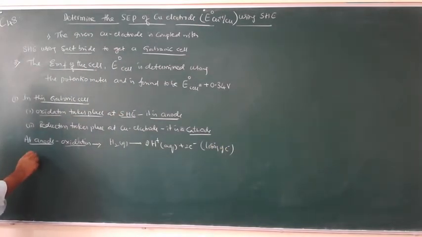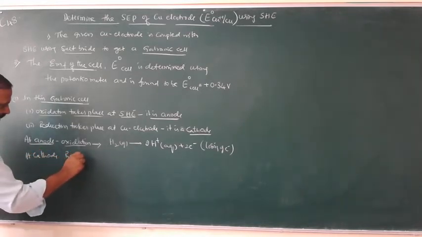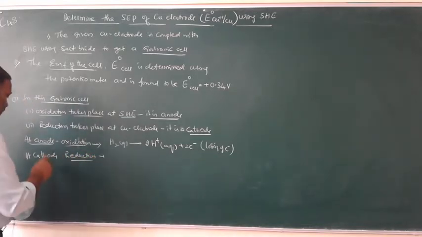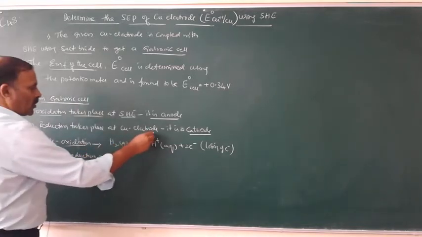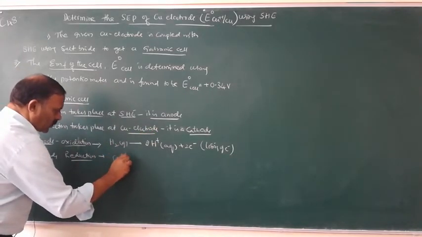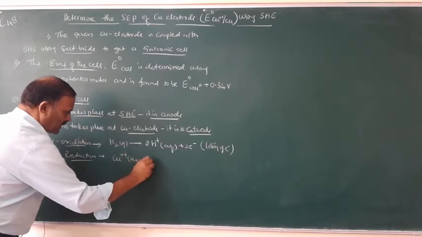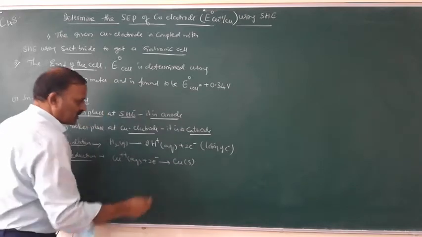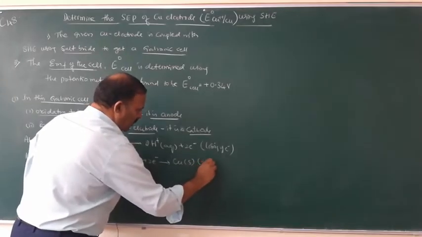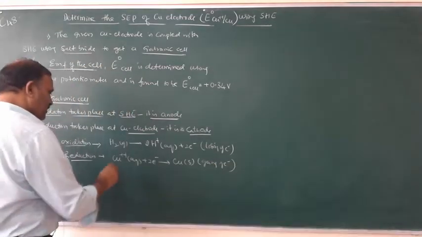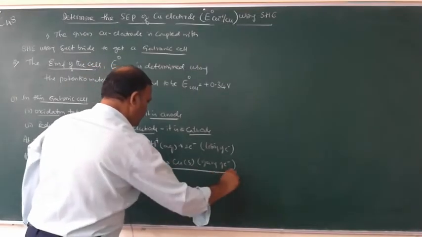So at cathode, reduction takes place. So which is the cathode? Copper electrode is the cathode. What is the reduction reaction? Cu2+(aq) plus 2 electrons gives Cu(s). So this is gaining of electrons. So what is the overall reaction?